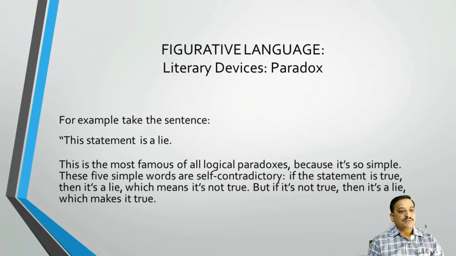This is the most famous of all logical paradoxes because it's so simple. These 5 simple words are self-contradictory. If the statement is true, then it's a lie, which means it's not true. But if it's not true, then it's a lie, which makes it true. So there is contradiction within these 5 words.